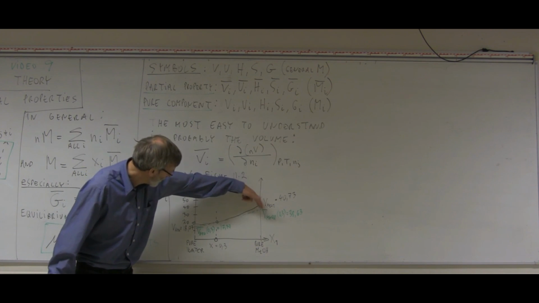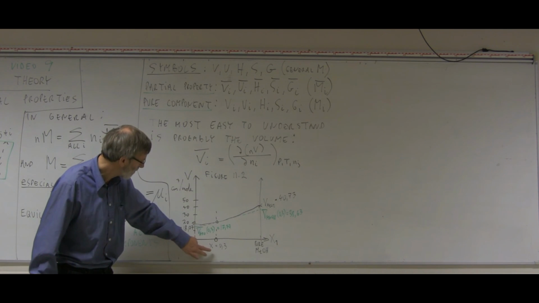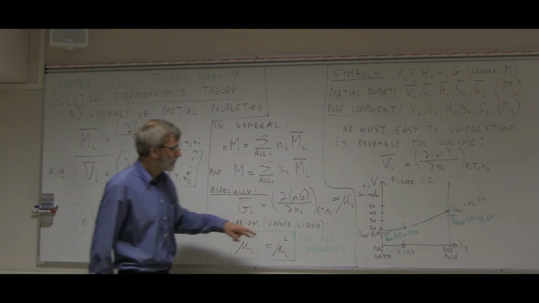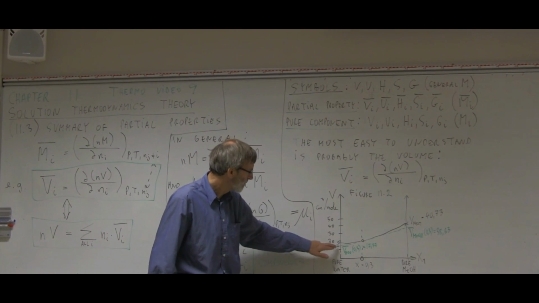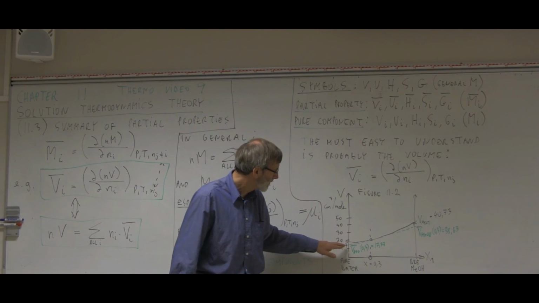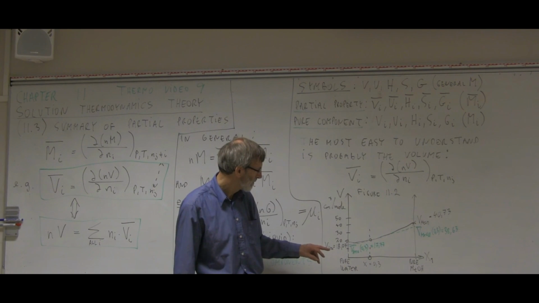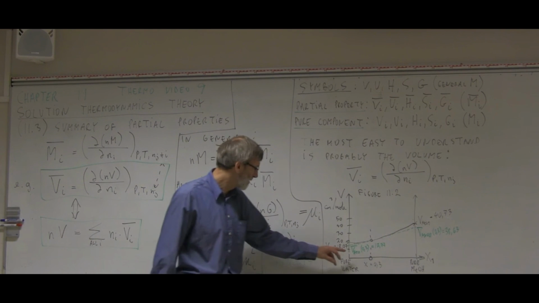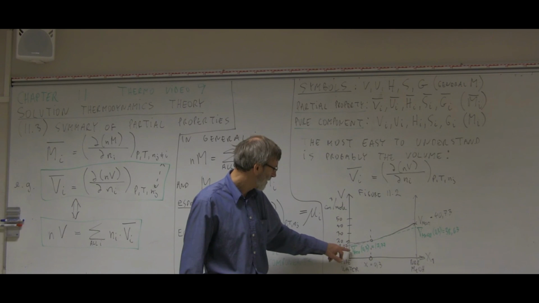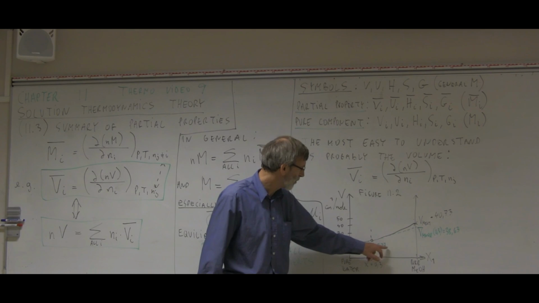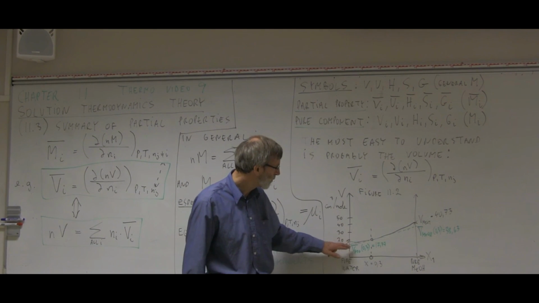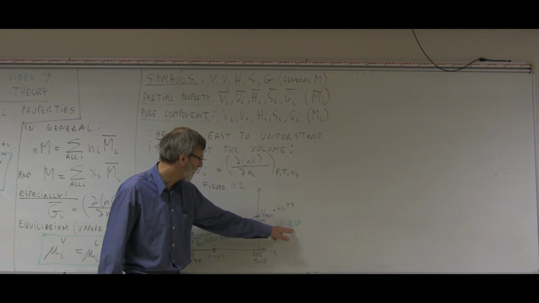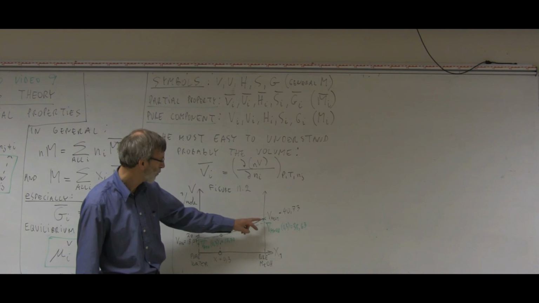And if we make a tangent through this point of x equal to 0.3, we can use this equation to convince us that this straight tangent going through the point 0.3, that will be the volume in that point, and the partial molar volume of water will be 17.77, which is lower than the pure component volume, and the partial molar volume of methanol is 38.63, which is also lower than the pure component methanol.